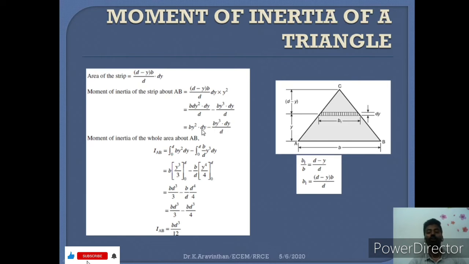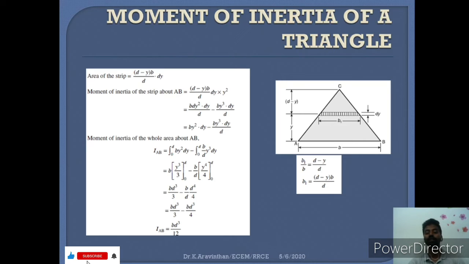And for finding all the elemental strip areas, you have to integrate. So how to integrate this? Right now we have considered the reference as AB, so the limit here will be 0 to d. In the previous problem we have considered the reference plane as xx and we had a bottom area and the top area.